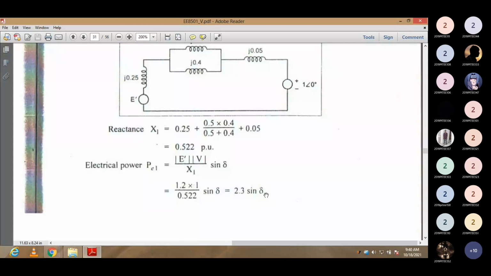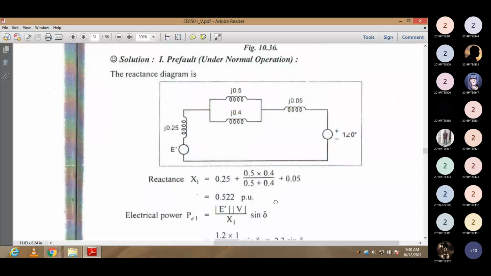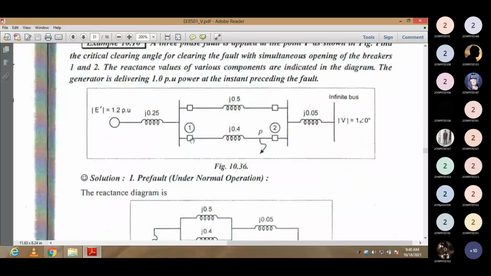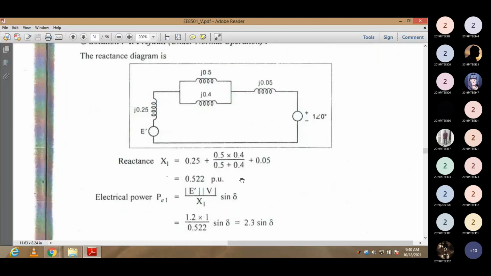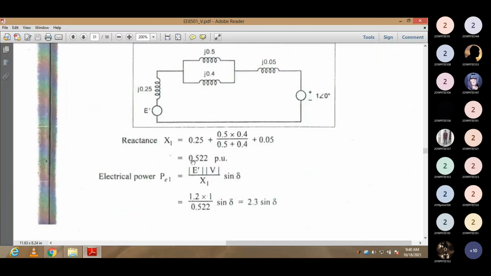So in the equation I got this. First, I convert the given one-line diagram into a reactance diagram. After converting, I found the equivalent reactance. Once I determined the equivalent reactance value, I substitute it in the electrical power expression.